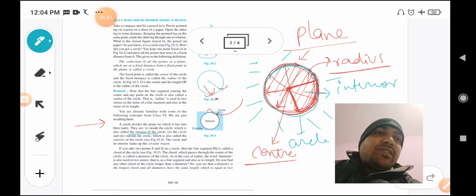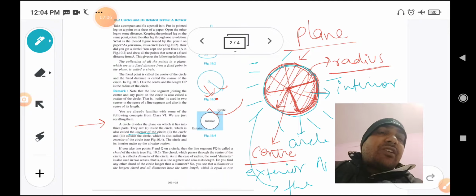You can write here exterior. These are the exterior of the circle. So a circle divides the plane on which it lies into three parts: one is the interior, the other is the circle, and the other, outside the circle, is known as the exterior part.